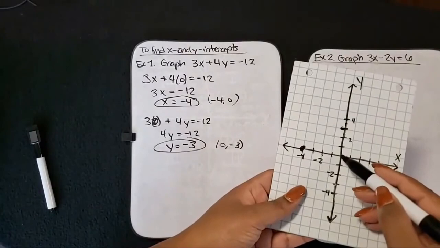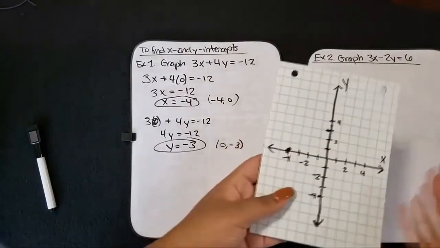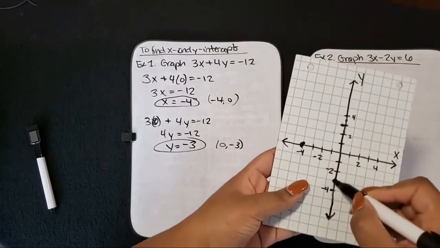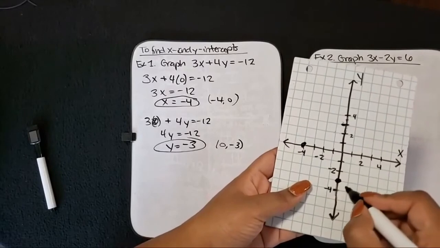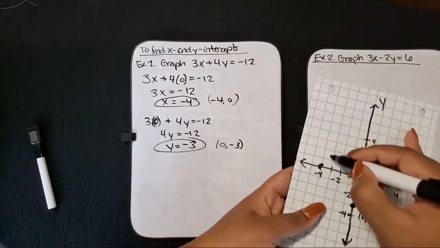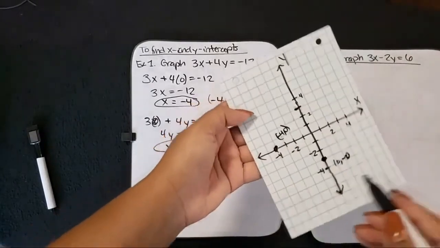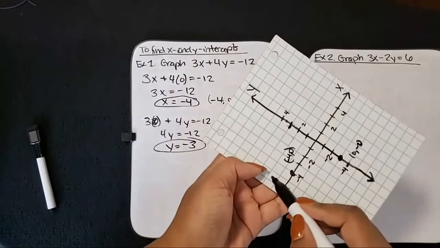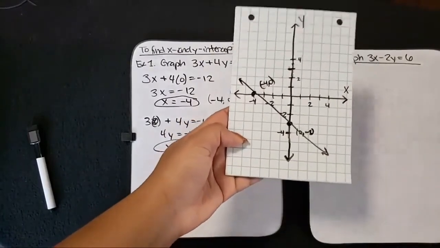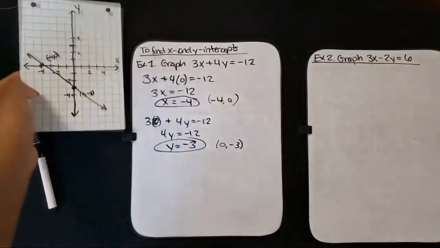So from the origin, we can't go to the left or right because the x is 0. So we just go down to the -3. So this is (0, -3), and this is (-4, 0). Then we just connect these two, and that is our graph using the x and the y-intercept.